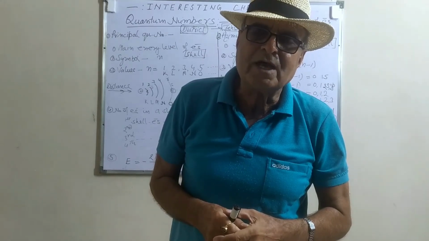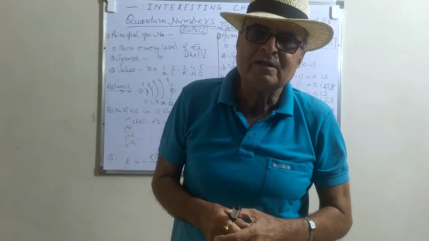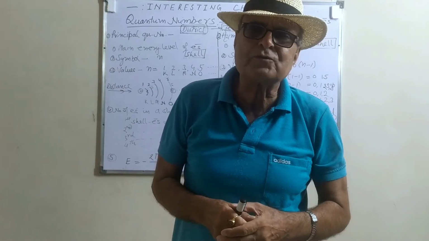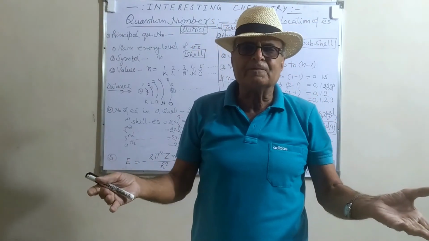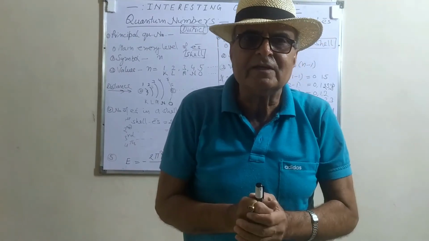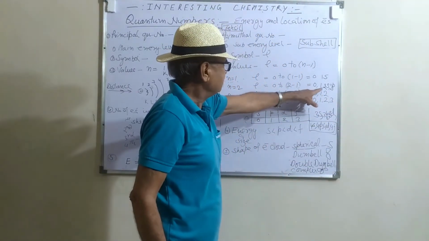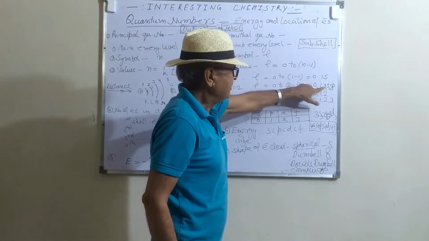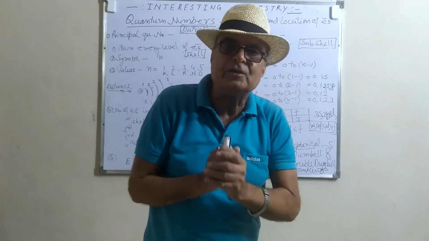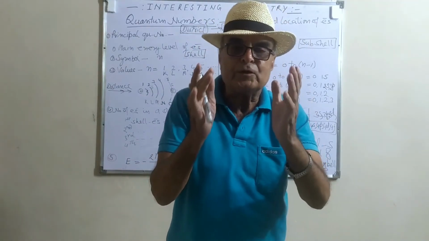Did you notice I made a mistake? I think some of the students didn't notice my mistake. I am saying 2d. There is no 2d. Here there are only 2 subshells. So please be careful when you give some example.